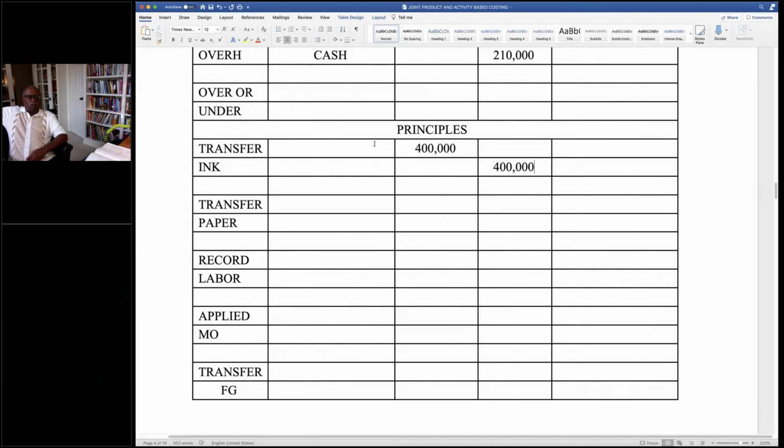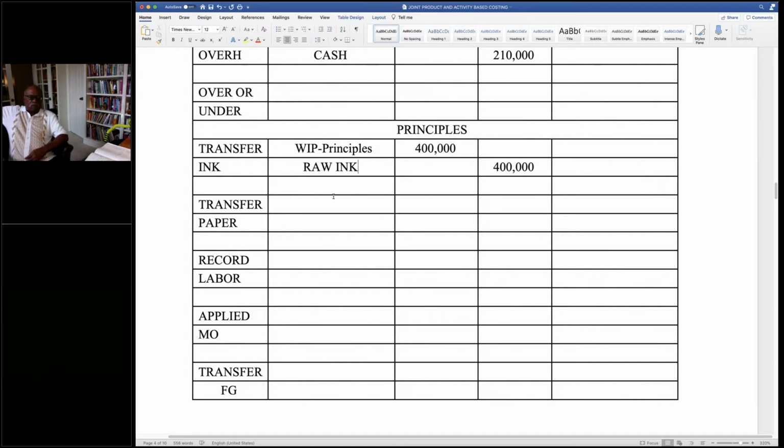And we're going to debit work in process principals and credit raw materials ink. The reason why we're labeling them is because we have a whole T chart for principals, a whole T chart for advanced.